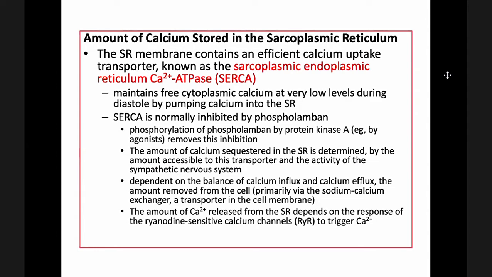So it's dependent on the balance of calcium influx and calcium efflux, meaning the going in and out of calcium from the cell, and the amount removed from the cell via this transporter. The amount of calcium released from the sarcoplasmic reticulum depends on the response of the ryanodine-sensitive calcium channels to trigger calcium.